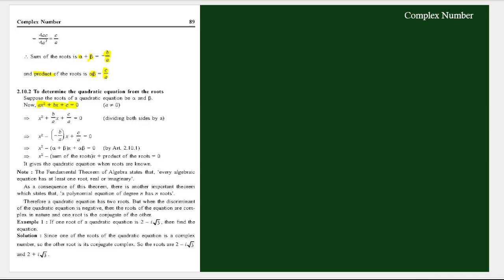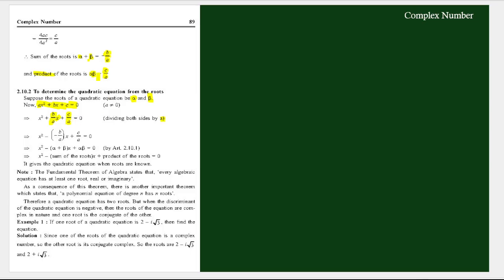Now, suppose the roots of the quadratic equation are alpha and beta. Our quadratic equation is this. We divide both sides by a, then the a goes away and the coefficient of x becomes b by a, and the constant term is c by a.